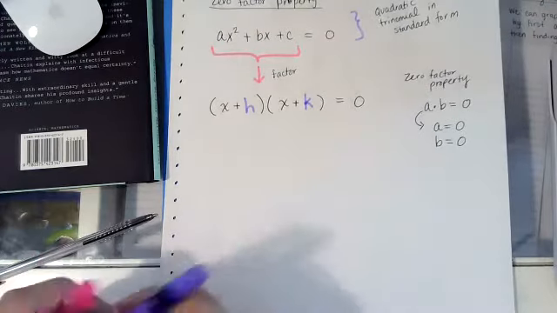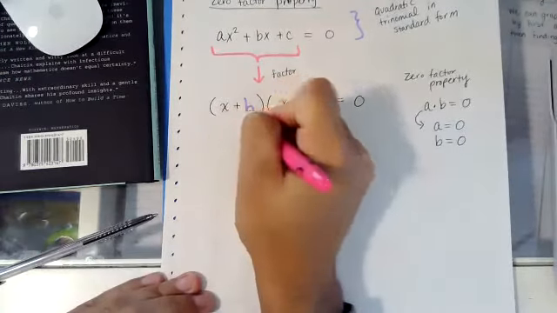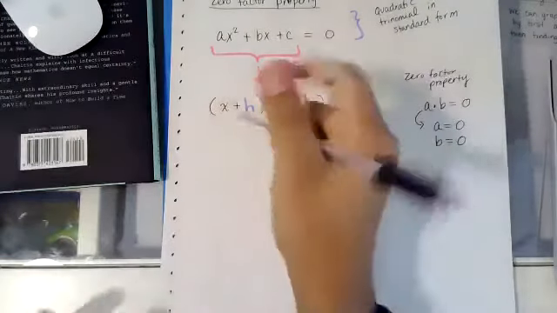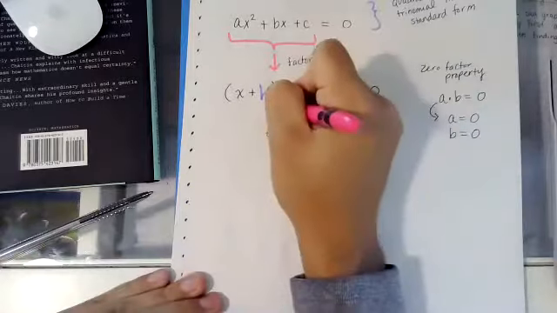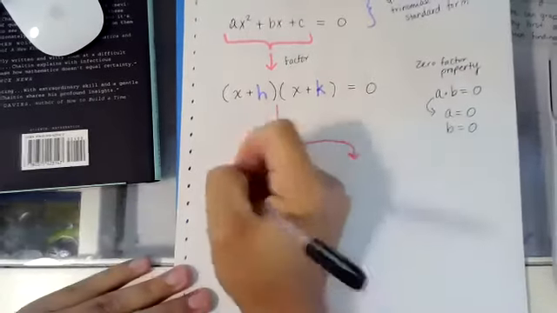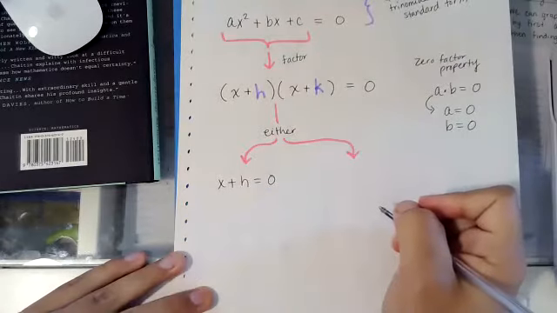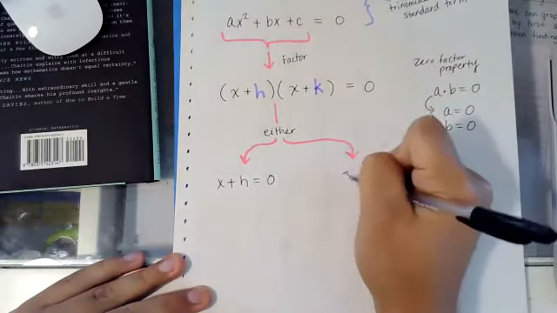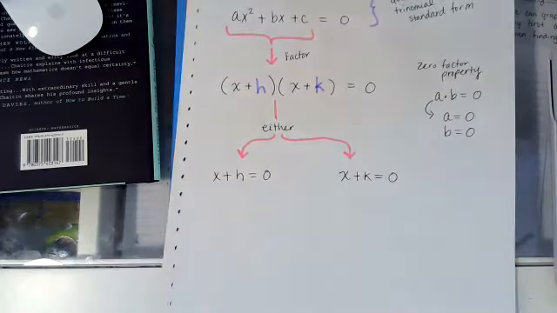Then we can use that same logic here to say that either x plus h is equal to 0, or x plus k is equal to 0.